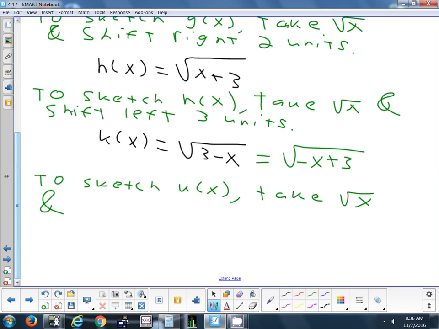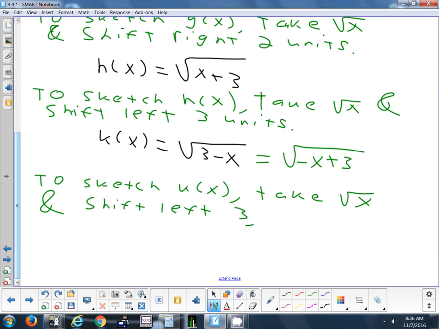Well, Molly, do you have any thoughts? What would you do first to sketch k of x? Go left 3 units. Yeah, you take this basic function and shift it left 3. So take square root of x and shift left 3.